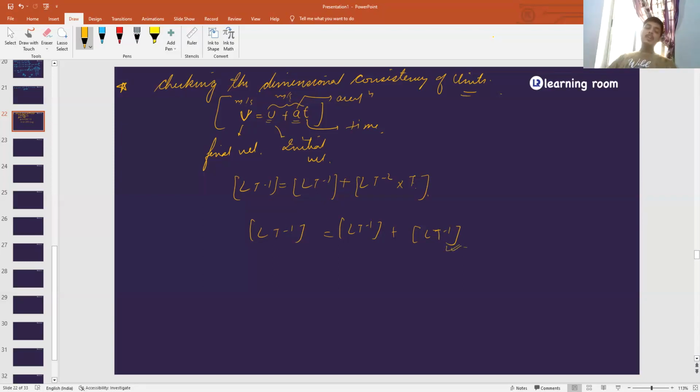And now tell me, if you add 2 LT minus 1, what will be the unit of that? If you add 2 quantities of this unit, what will you get? If you add 2 pence with 2 pence, how many pence do you get? 4 pence, sir. Is it 4 pence square?